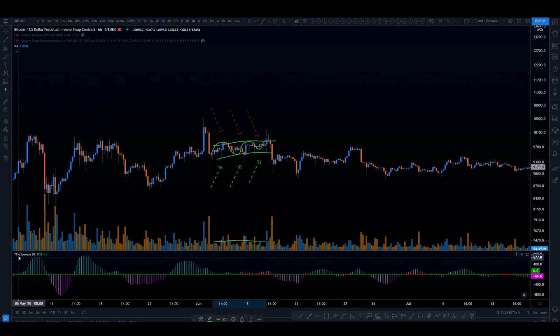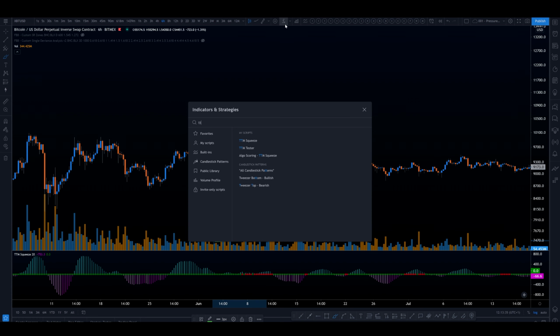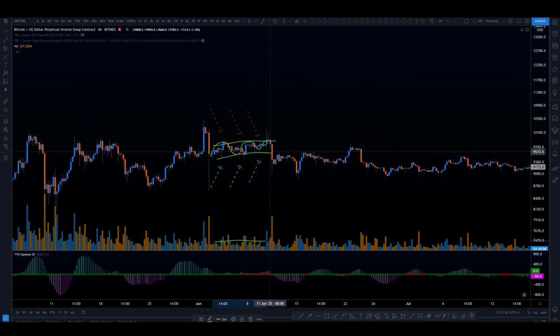But I'm using the TTM squeeze indicator. If you type in TTM squeeze, you will find it in the public library. It's a very useful indicator with the default settings to find squeezes.